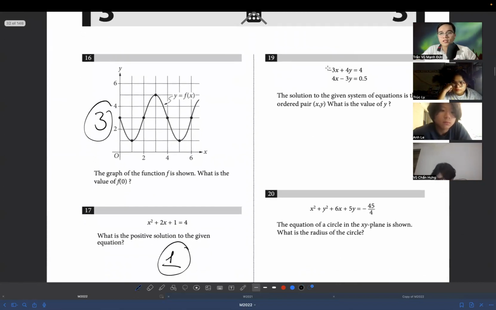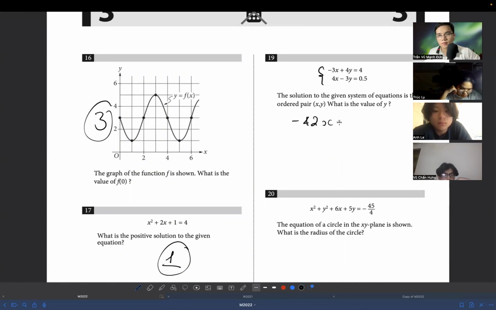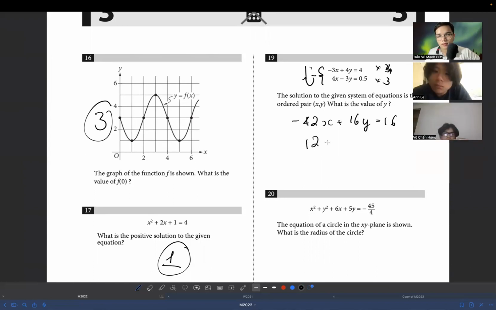All right, for this solution, you just have to multiply the equations by a common number. This is multiplied by 3 and this is multiplied by 4, so that you can just subtract them. Multiplying by 3 gives 12x plus 16y is 16. Then this one is minus, so it's minus 9x, and y is 0.5 times 3, so it's 1.5.